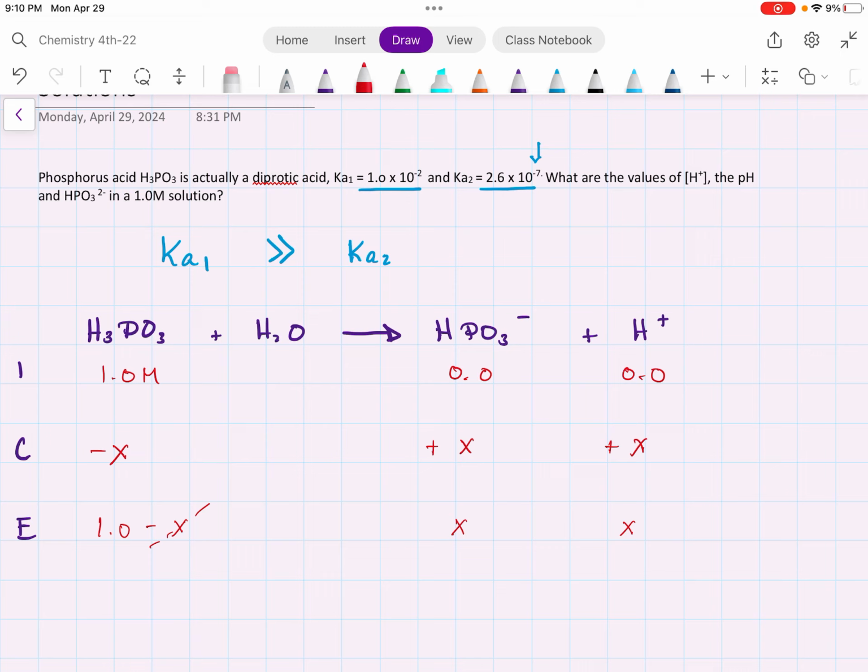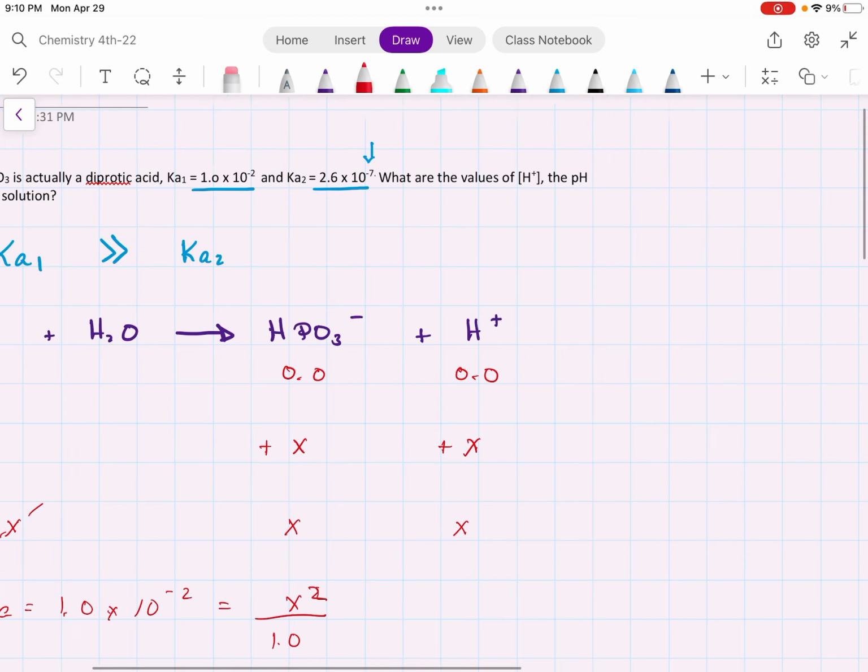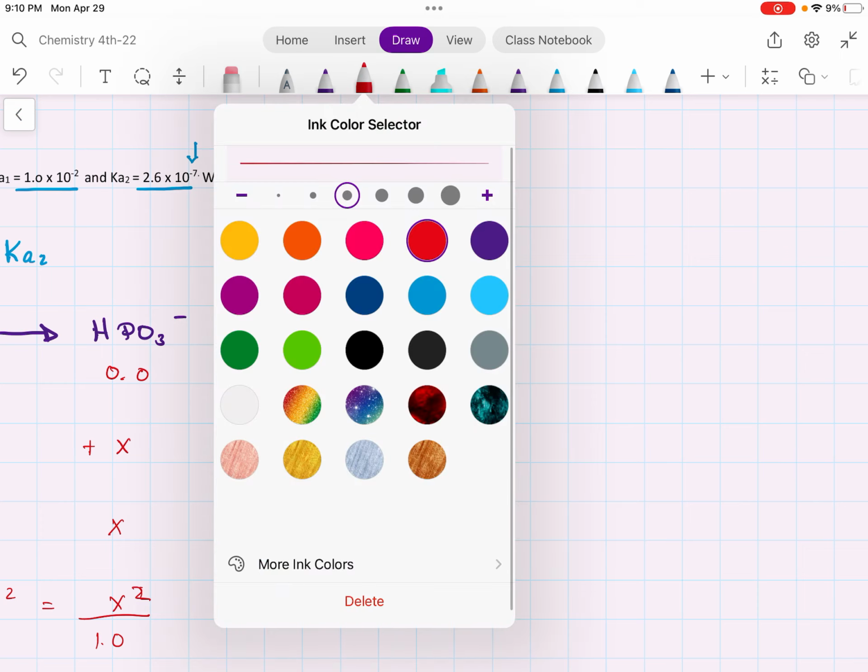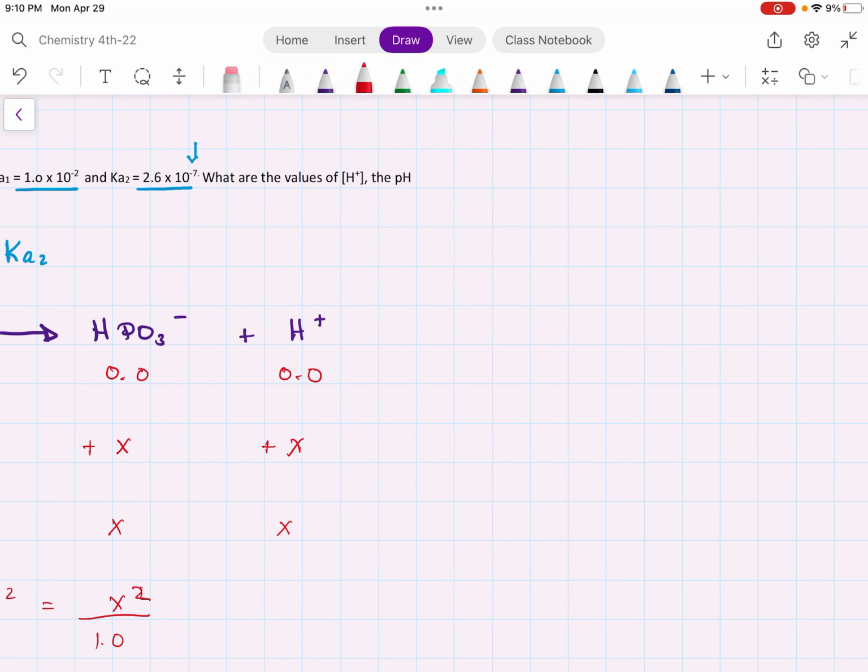We know that the value of the Ka is equal to 1.0 times 10 to the negative 2, and that's going to be equal to our constant, which in this case is going to be x squared over 1.0. Okay, so let's scooch over this way. If I have that the Ka is equal to 1.0 times 10 to the negative 2, and I multiply that by the 1, then I'm going to be equal to x squared.